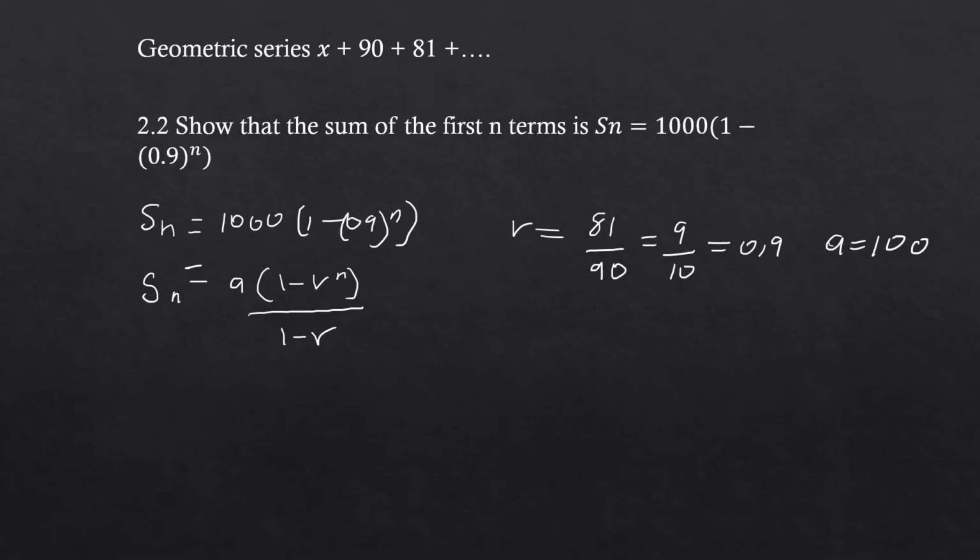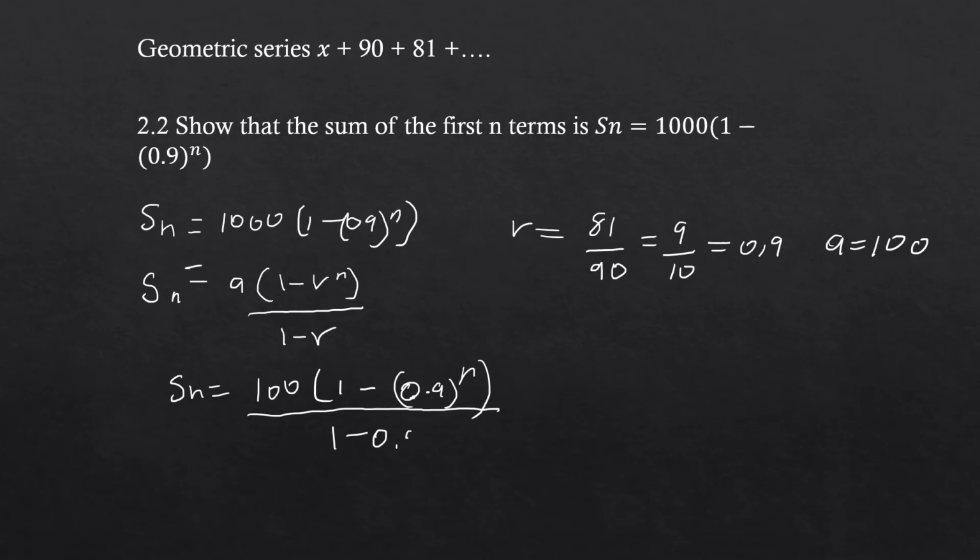Let us continue to show that Sn is equal to 1000 into 1 minus 0.9 to the power n. Therefore Sn is equal to a, which is 100, into 1 minus r, which is 0.9, to the power n, then divide by 1 minus r, which is 0.9.